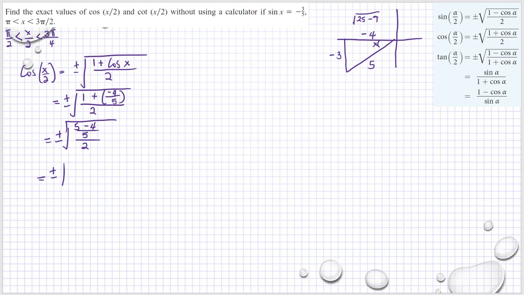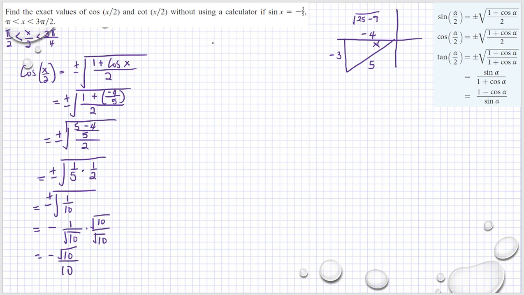Then plus minus square root of 1/5 multiplied by 1/2, so plus minus square root of 1/10. Cosine in the second quadrant is negative, so we choose negative. And we have 1 over square root of 10, or if we rationalize it, negative square root of 10 over 10.